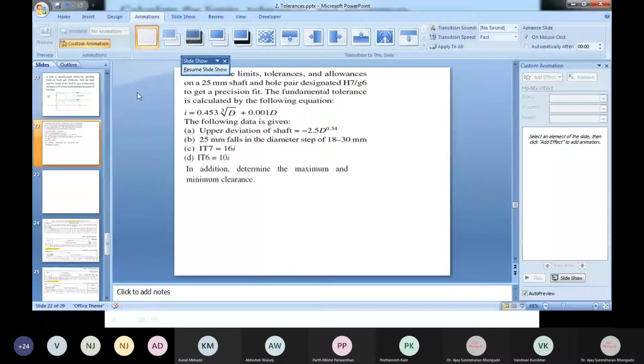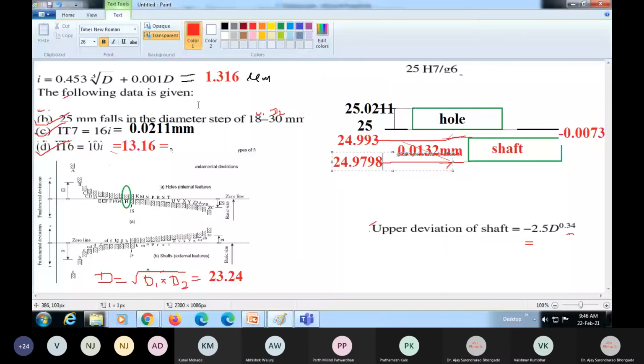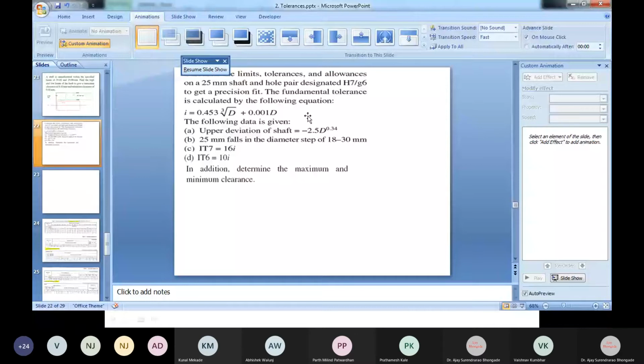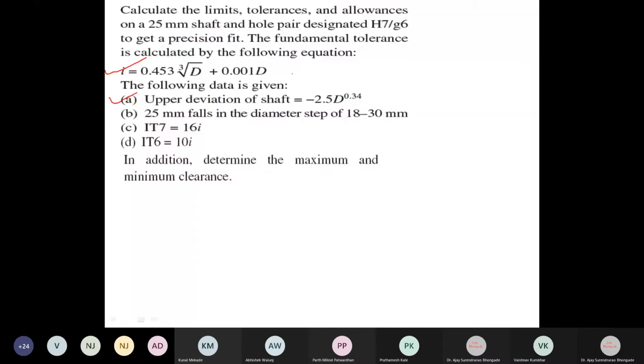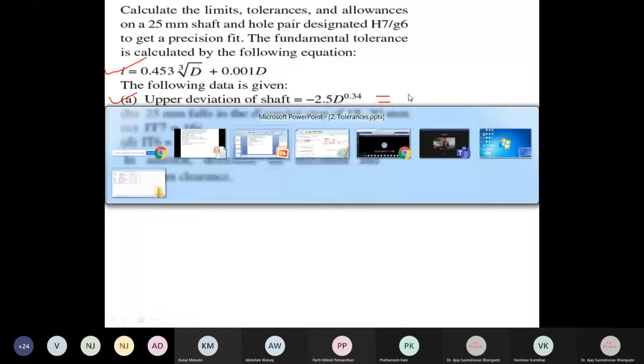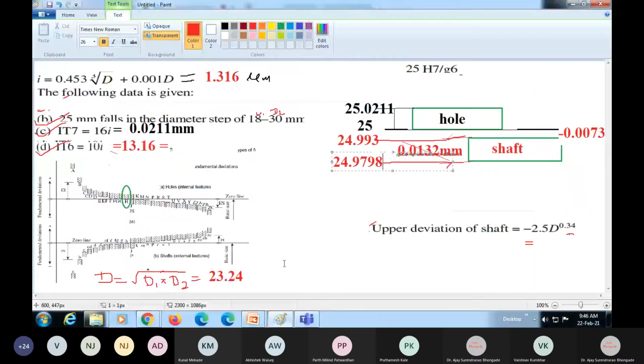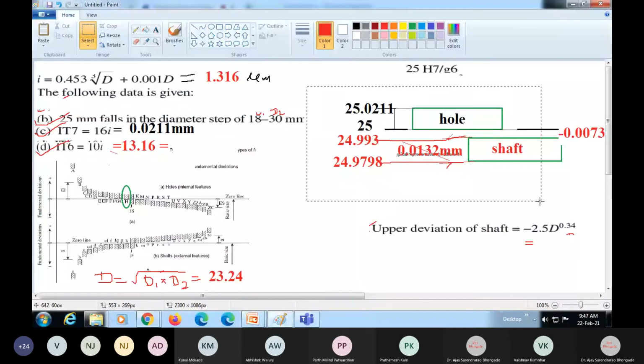The upper limit is 25.0211, the deviation is 0.0211, and we got these things. Let me cut and paste all these things on the screen, and we can get the rest.